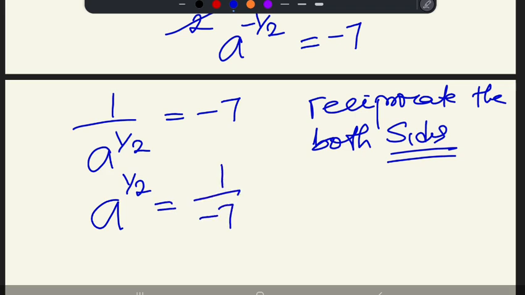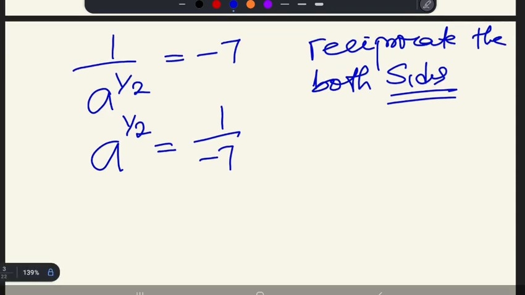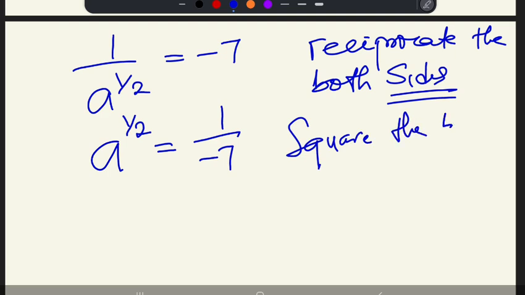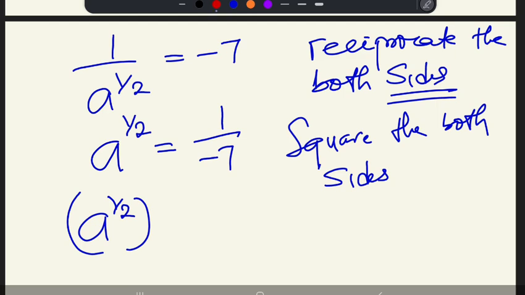You can see that we have the square root of a. So let's square both sides. This is the opposite of what we did in the first example. We square both sides because we have the square root of a. To square both sides, we have a raised to power half, all raised to power 2, is equal to 1 over minus 7, all raised to power 2.